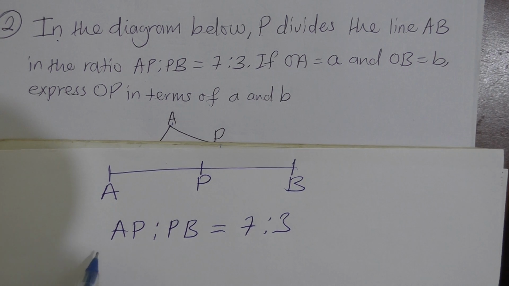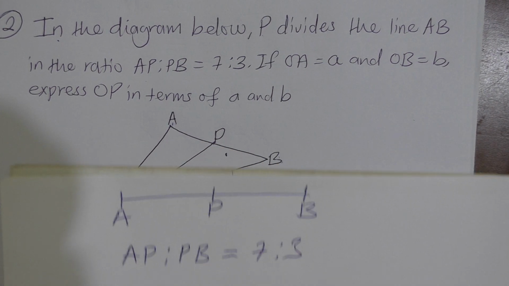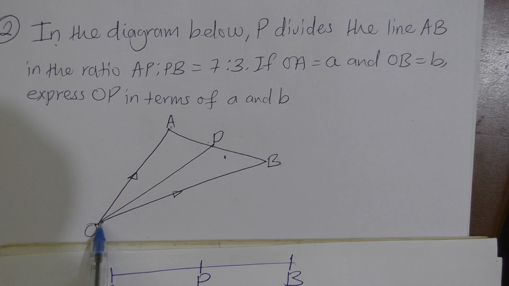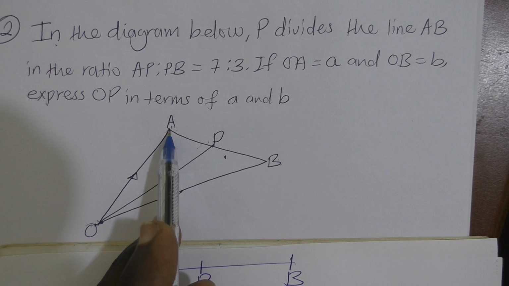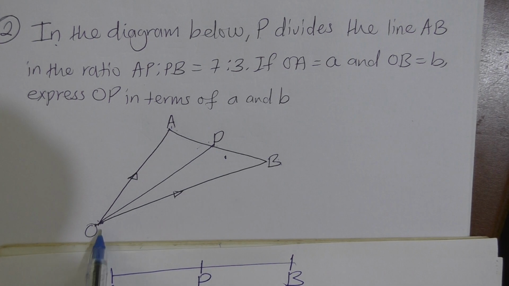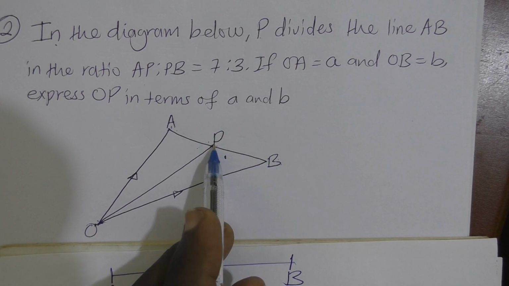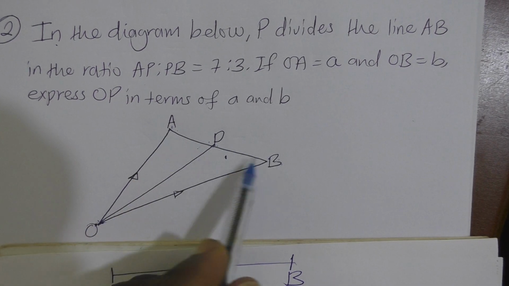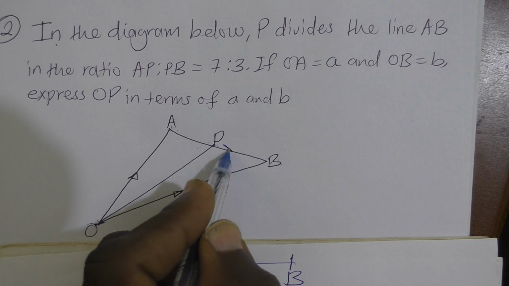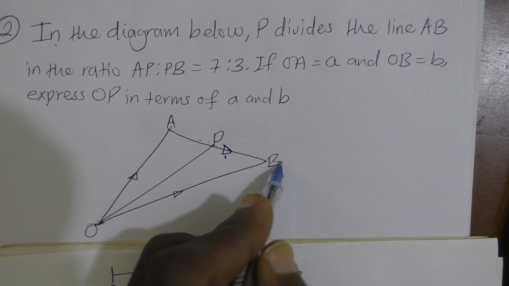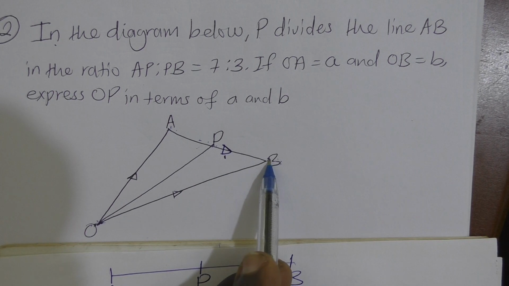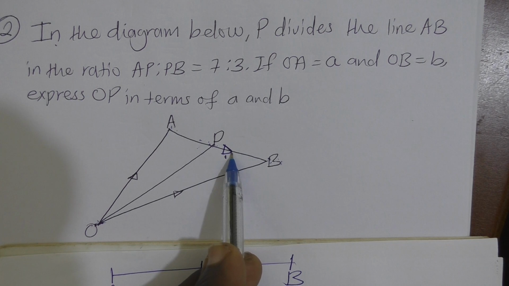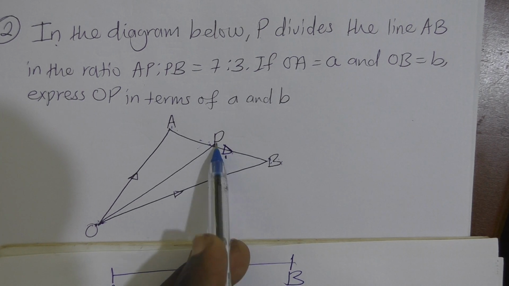And therefore, if we are to get OP, we can either use this root of OA plus AP or OB plus BP. But since the triangle is OAB, then it is from A towards B. So if you are using this root of PB, that means that you are opposing the original direction, therefore it is negative PB.